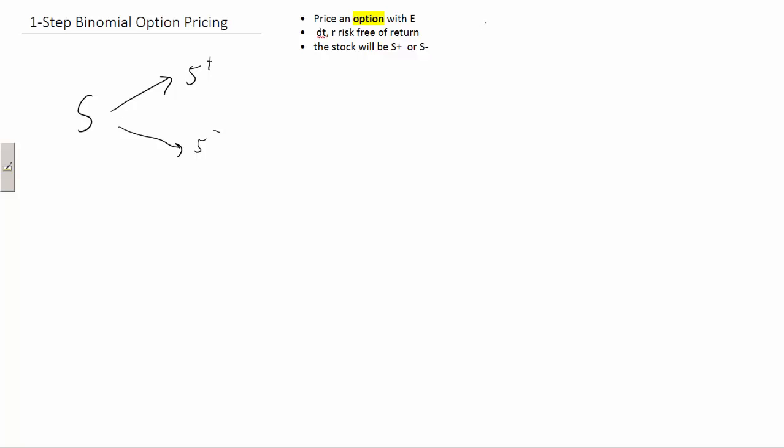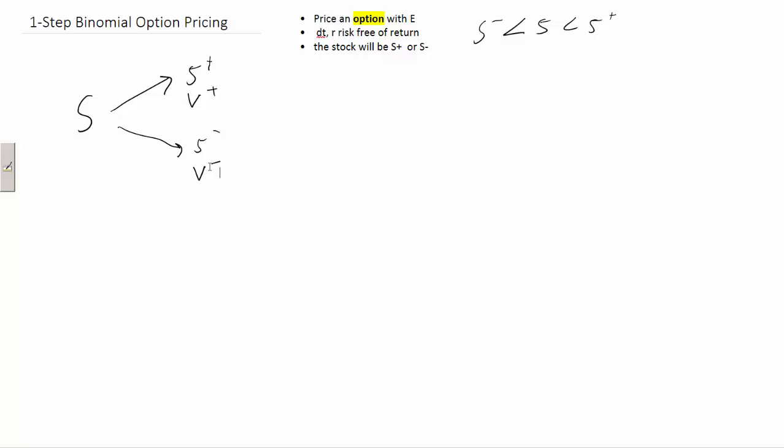Let's make an assumption that those S plus and S minus are actually up and down. Oh, if I don't know what kind of option it is, how do I know what the value of this option is if the stock goes up to S plus? Well, I don't, so I'm just going to call it V plus, and if the stock happens to go down, I'm just going to call that V minus.